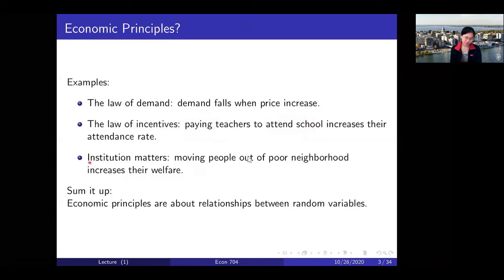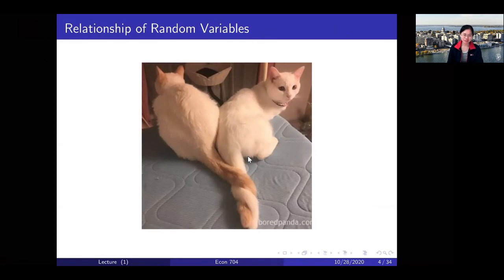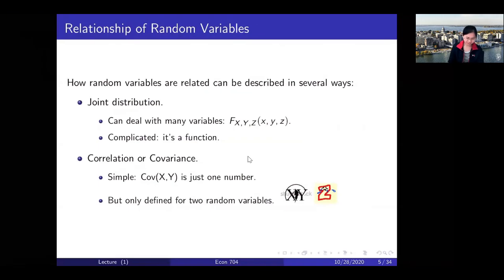And in the problem of institutions, the economic principle is the relationship between the institution, for example, the neighborhood, and people's welfare or people's action. So these are all relationships between random variables. So economic principles are about random variables, which is why we spent half of the semester studying random variables. So we want to study the relationship of random variables.